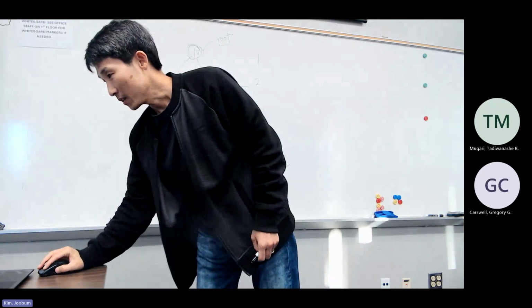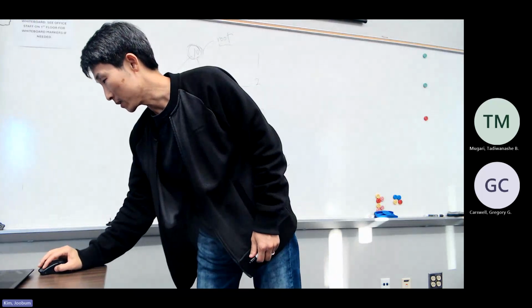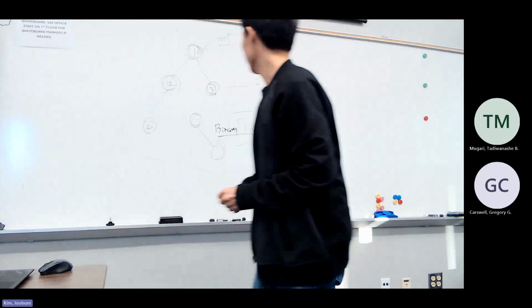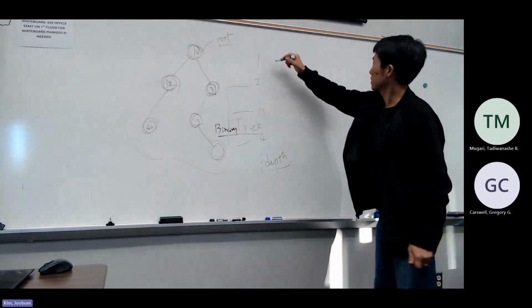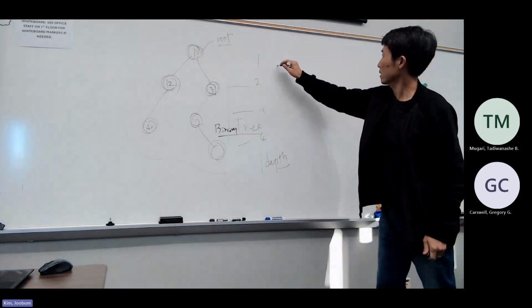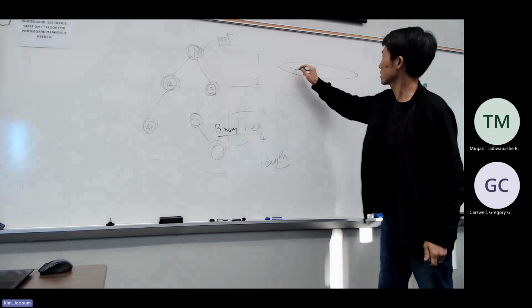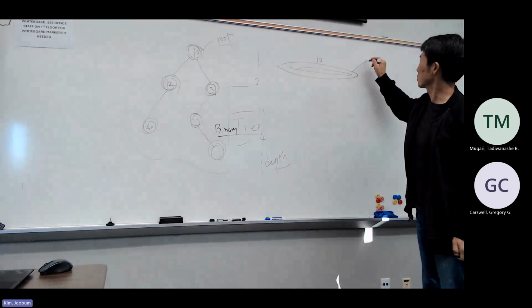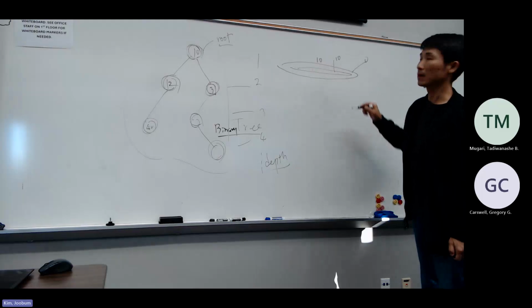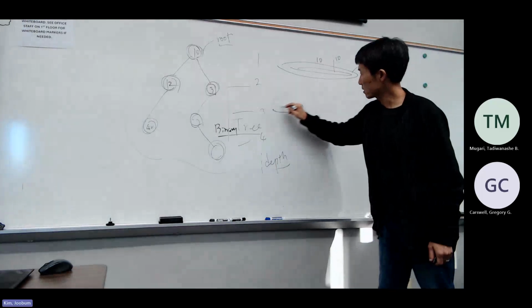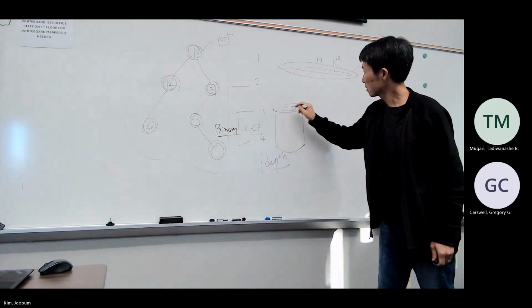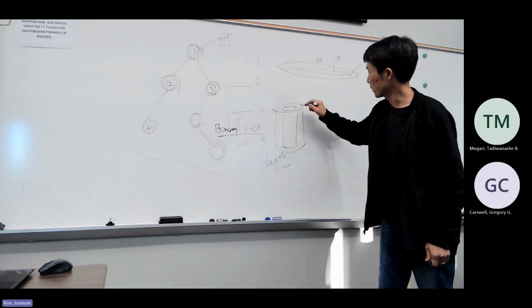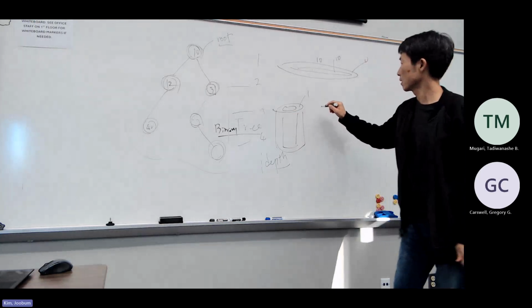Especially the first cylinder, and then there are cylinder 1 and cylinder 10. That means we have multiple platters, and then how many tracks? Total 10 tracks, from 0 to 10. So cylinder 1 means it's track 1.